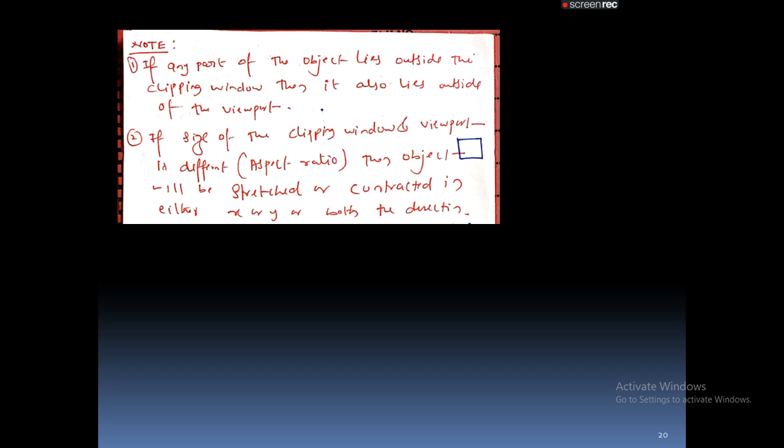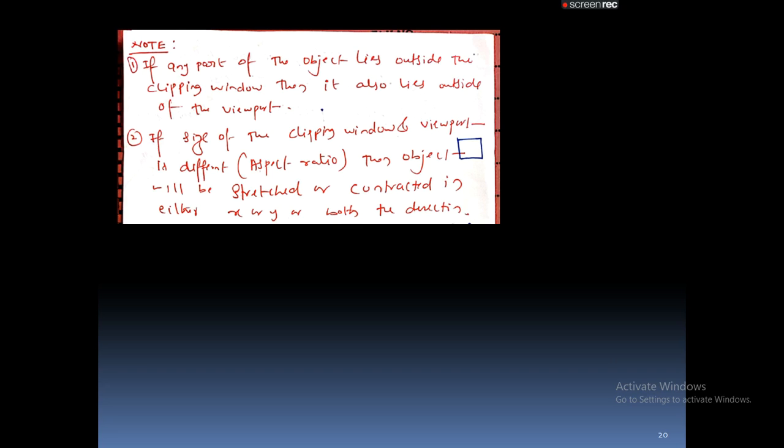If the aspect ratio of the clipping window is 4 by 3 and the aspect ratio of the viewport is 3 by 4, the object displayed in the viewport is stretched, either with respect to the x-axis or the y-axis. In our example, it is stretched with respect to the y-axis, not the x-axis.